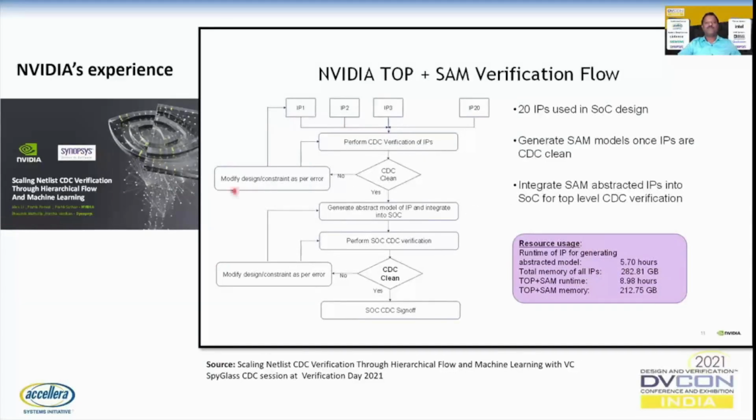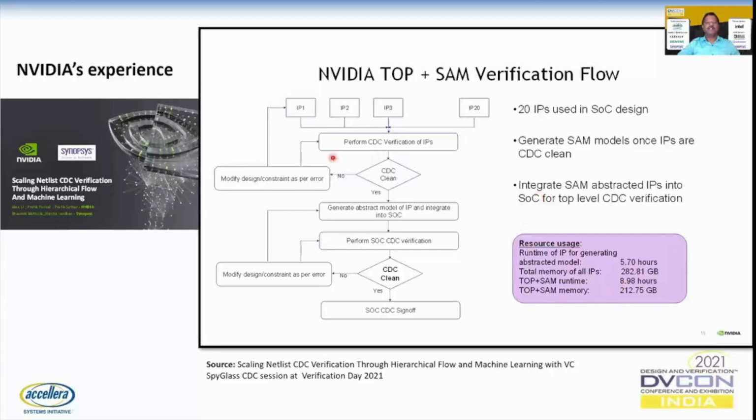With the SAM flow being used, the NVIDIA team first verified all the IP subsystems and ensured that the IPs are CDC clean. Then they generated the sign-off abstract model, used the same SAM files during the top-level run, performed a SAM-based run, and observed amazing performance numbers.